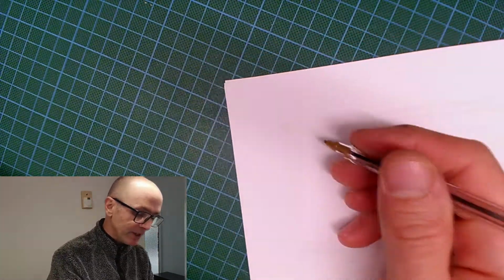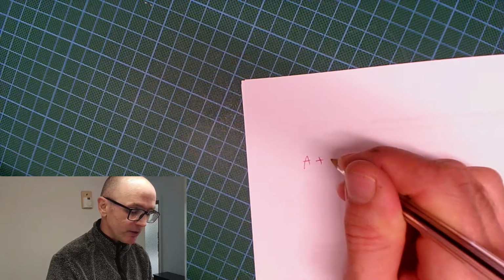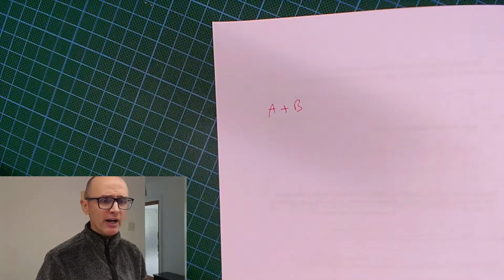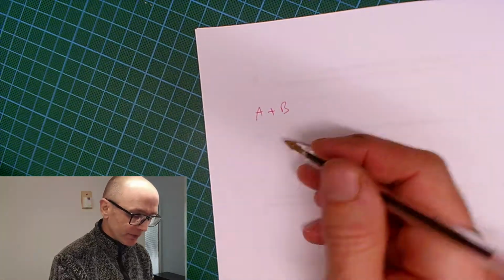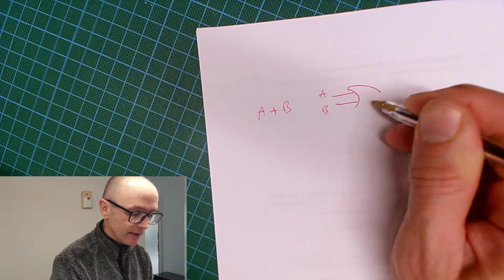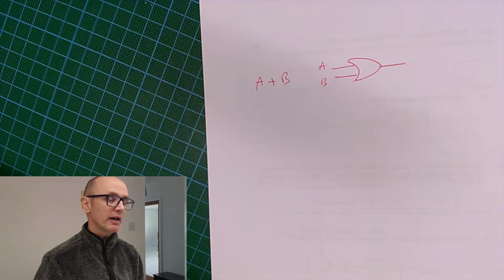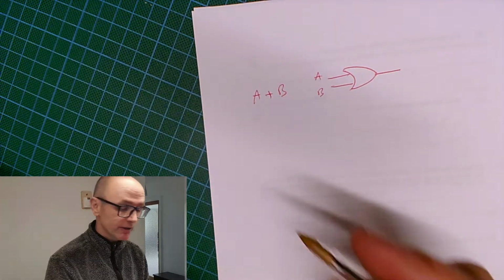Now, some of you may be a little bit stuck as to why that is, although we have covered this before, but fair enough, people forget. So let's have a simple example. So A or B, and we want to do that as a NAND gate equivalent.